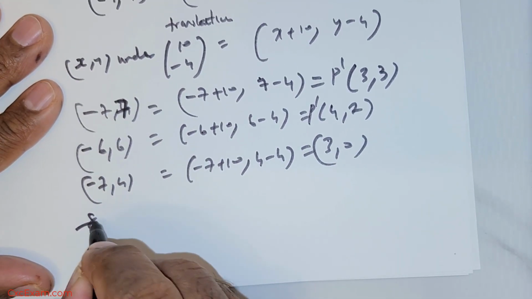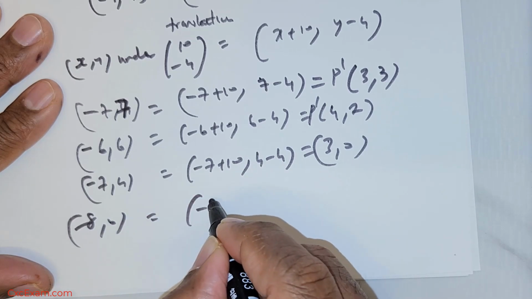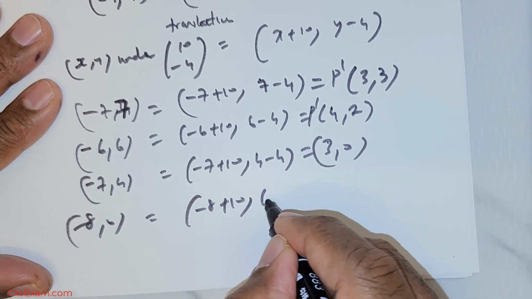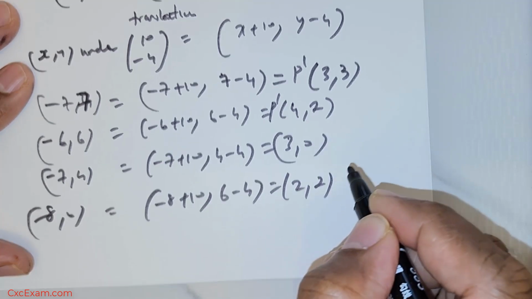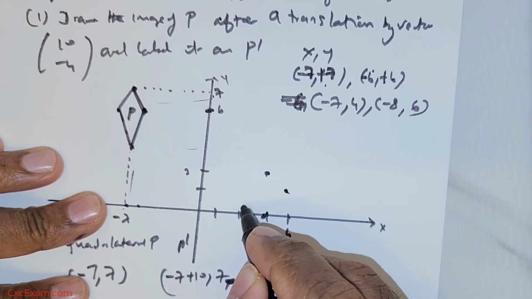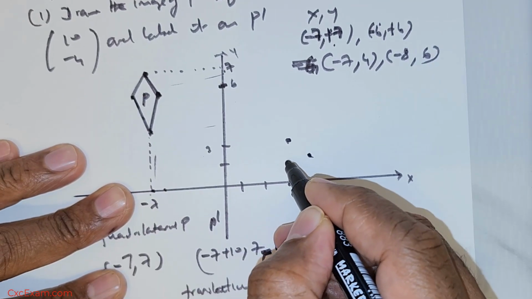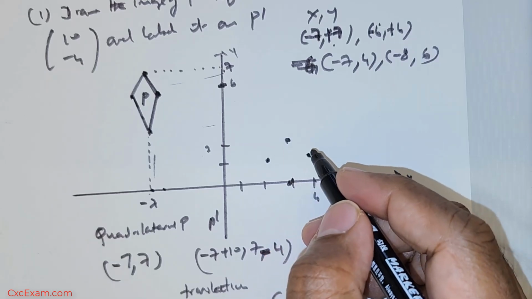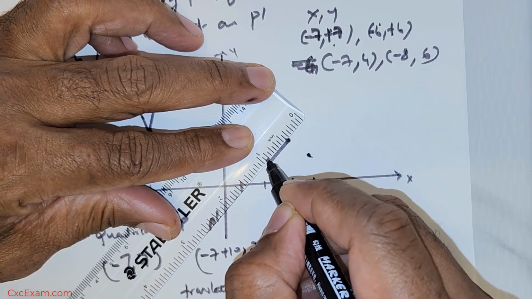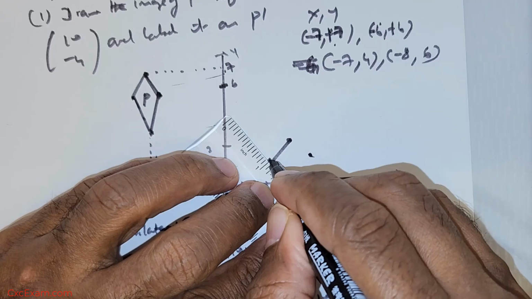And the next point, (-8, 6), is going to be -8 added with 10 and 6 added with -4, which is (2, 2). So if you were to draw, this is how it looks.